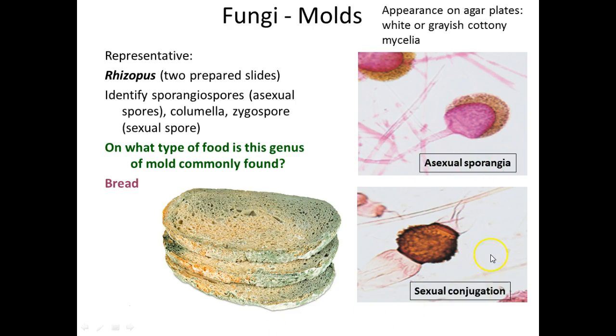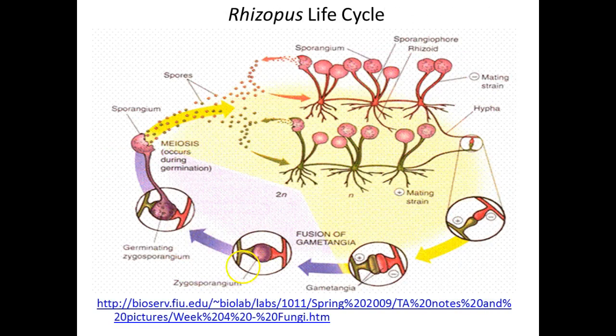And then sexual reproduction, when 2 hyphae that can mate come together. So you notice this is the deteriorated hyphae. They'll come together and form this special spore called a zygospore. And that's a result of sexual reproduction. This will eventually form a sporangia.